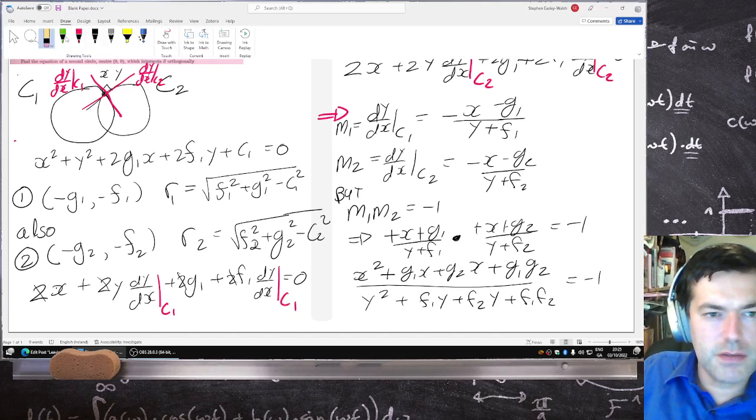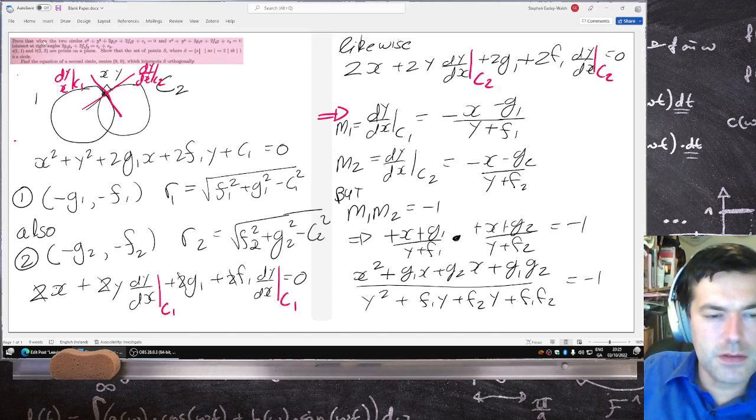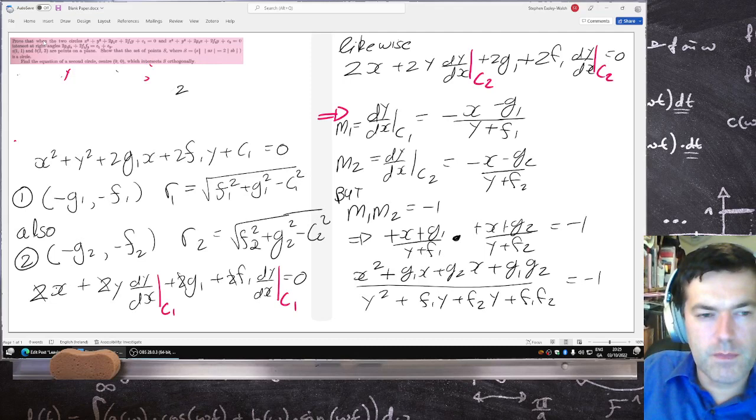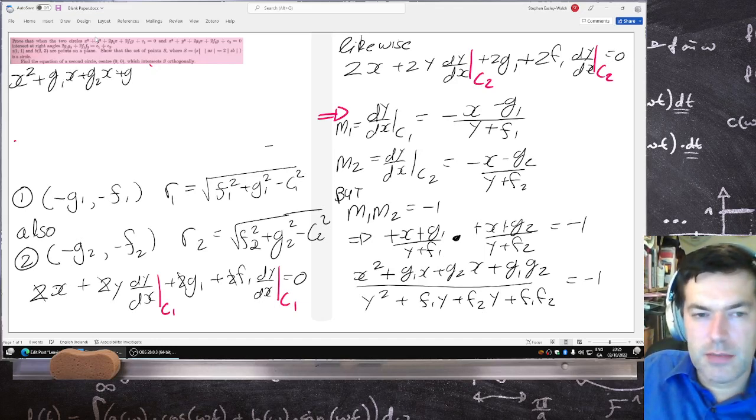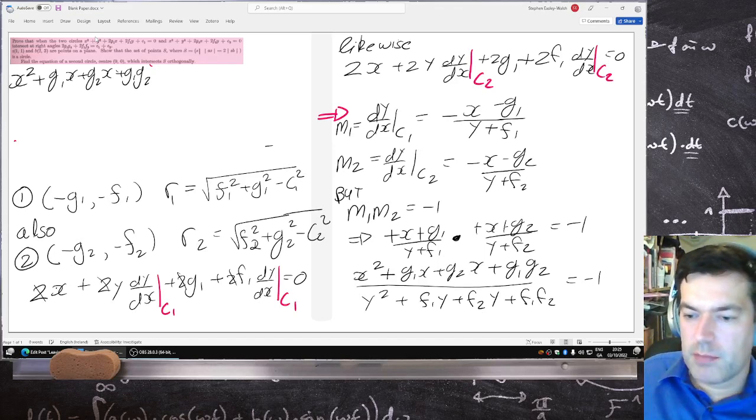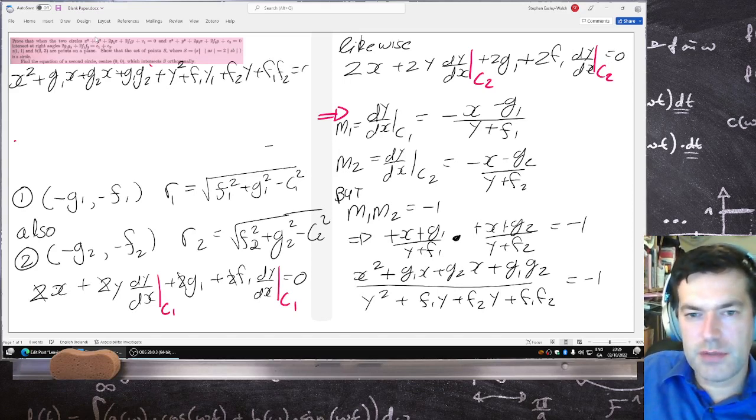Oh, come on, why aren't you erasing? Okay, cross multiplying, I get x squared plus g1x plus g2x plus g1g2, and bring that up and left, so it's plus y squared plus f1y plus f2y plus f1f2 equals 0.